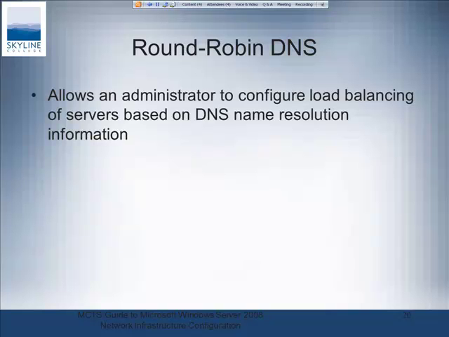I think I've referred to round robin before to configure load balancing on servers. In round robin, what you do is create two records that have the same name and different IP addresses. And then you go into the record and configure it for round robin. When a request comes in for that resource, DNS gives the first user, give Trevor the first IP address, and then give Jason the second IP address.